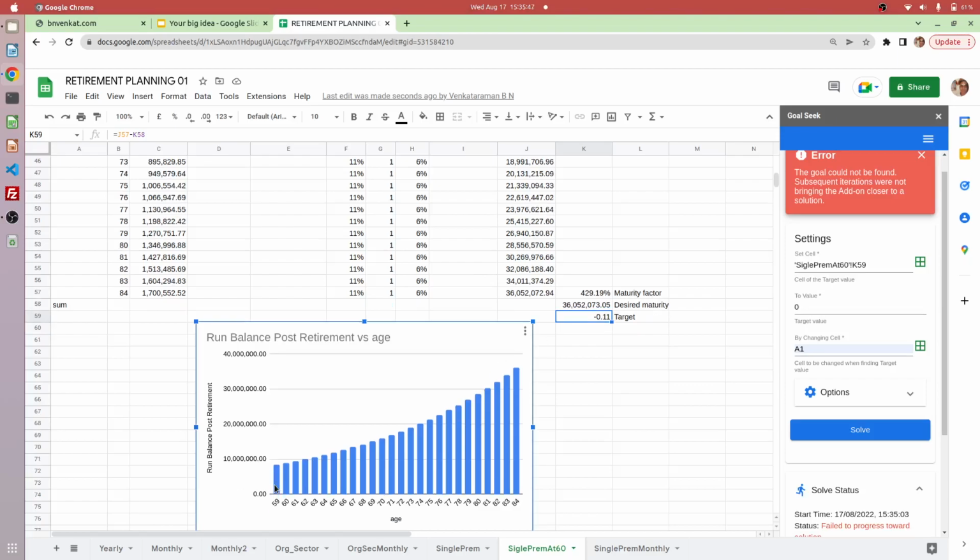See, at the end of the 59th year, it is 84 lakh 26 rupees, and it can generate a maturity fund of 3.6 crore.